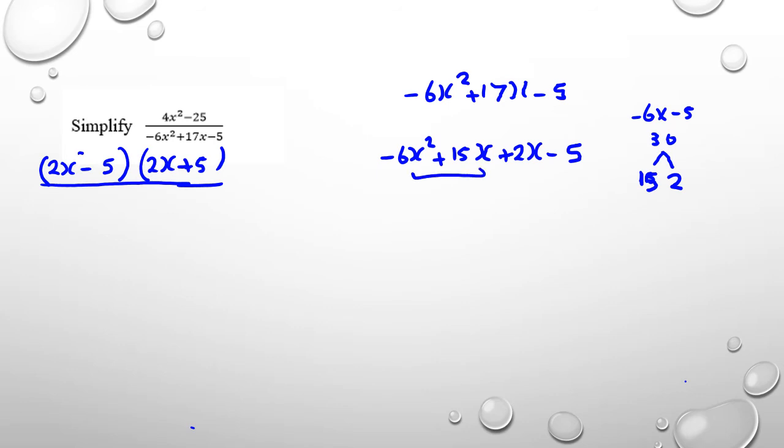So the first two terms, factorize them. The common factor is negative 3x, open bracket.